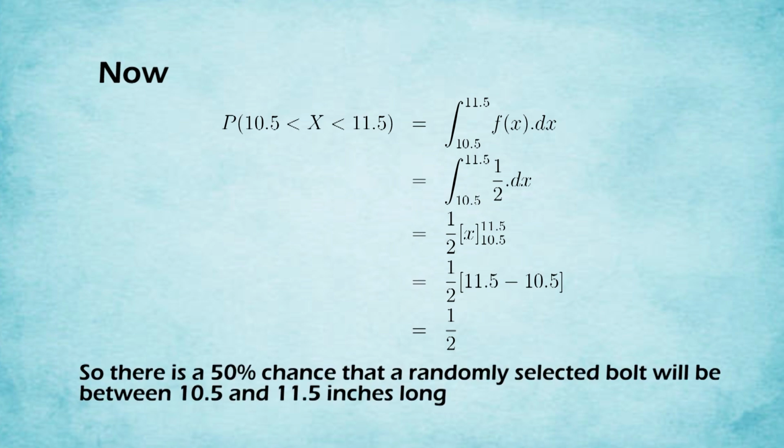So, there is a 50% chance that a randomly selected bolt will lie between 10.5 and 11.5 inches long.